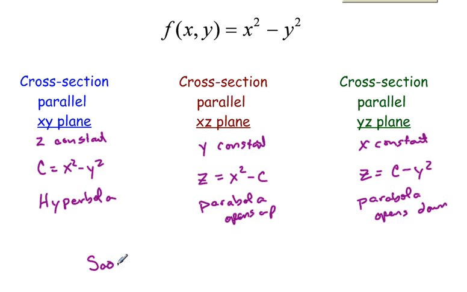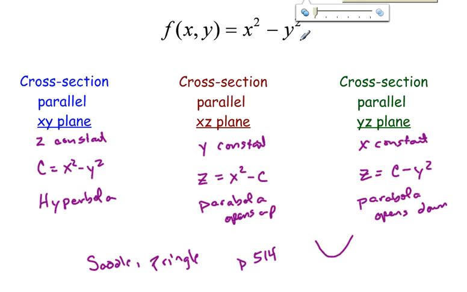So this one is a saddle shape, or think of a Pringle. A Pringle has that same sort of shape. And if you look on page 514 of your textbook again, you'll see a really good rendition of that. But I'll try my best here. No, I'm not going to try. You'll just have to look. This is a really hard one to draw in 3D. But you'll see how the cross sections parallel to the xy plane give you the hyperbolas, and you get parabolas that open down and parabolas that open up, depending on which plane you are parallel to.